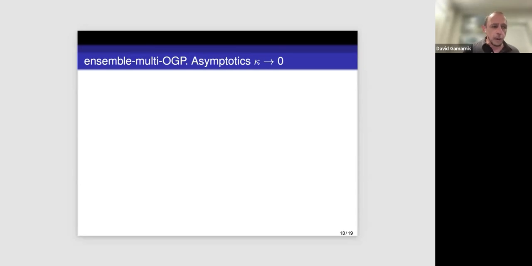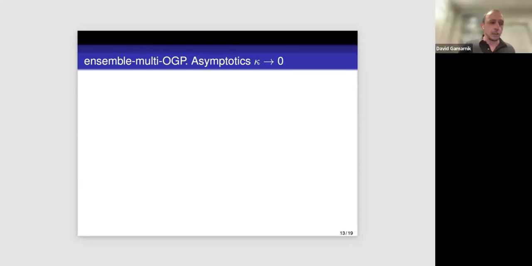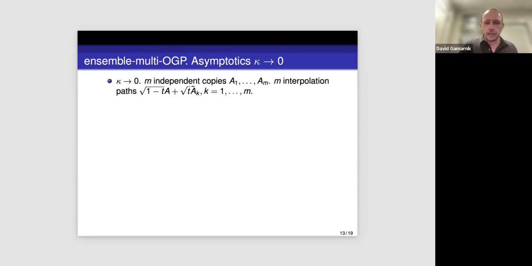The overlap gap property I have just introduced is in reference to pairs of solutions. Two solutions, distance small, distance large, that's the deal. It turns out that it's important to consider geometry not just of pairs of solutions, but m-tuples of solutions or k-tuples of solutions. And it goes as follows.